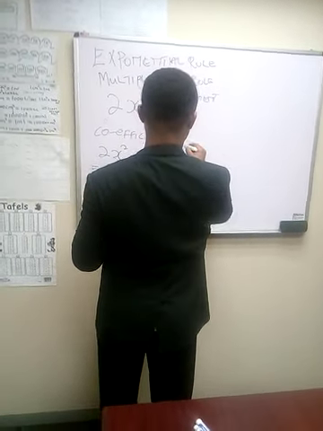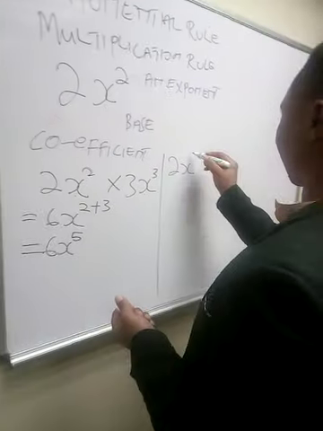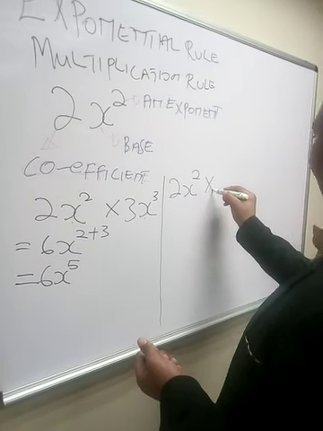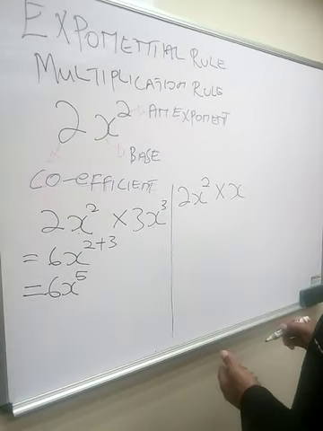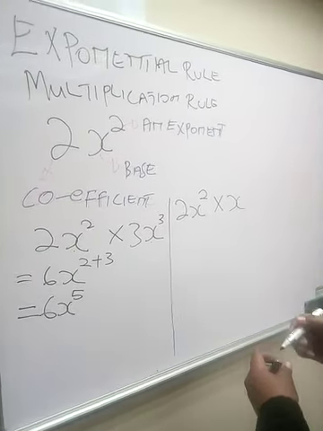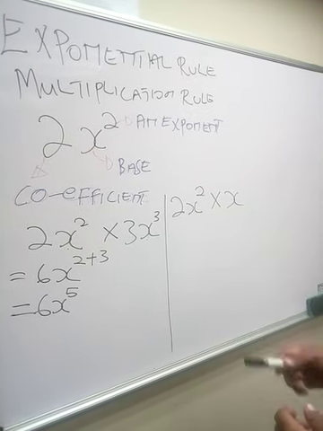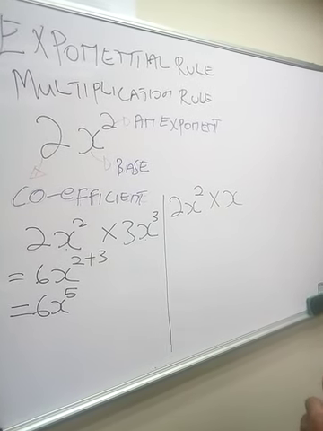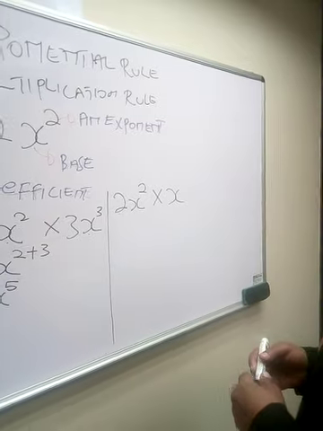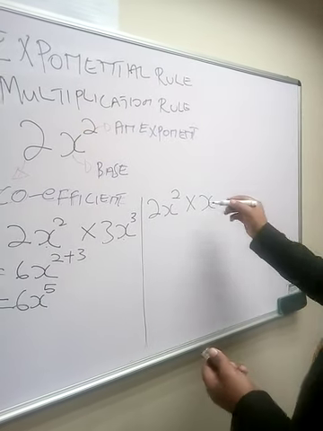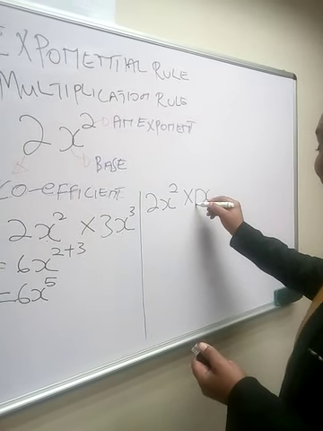Let's say this time around we are having 2x squared times x. Now, I said the first rule, you multiply your coefficients. But here a coefficient is not written. When the coefficient is not written, we know that it is 1, but you don't write that one. That one is invisible.